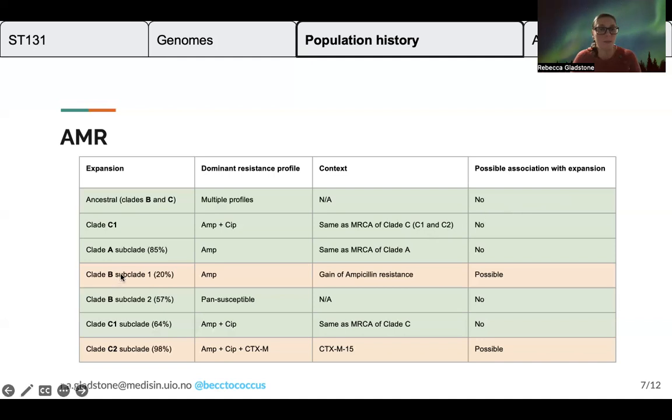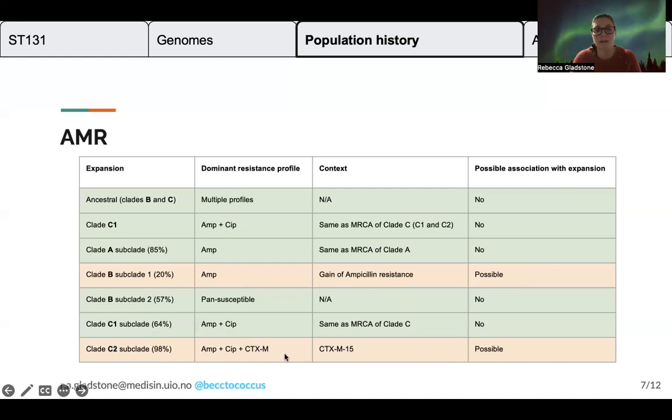So in clade B, there was one subclade, 20% of the isolates, where the dominant resistance profile was ampicillin resistance, and that had been a gain of ampicillin resistance compared to the other isolates of clade B, so it's possibly associated with this expansion. For clade C2, you had a subclade which represented all but one isolate.